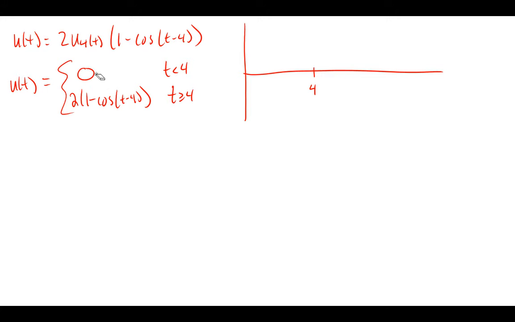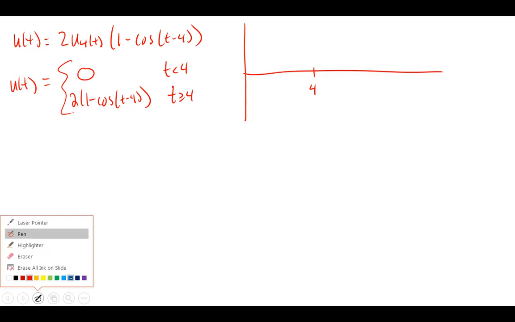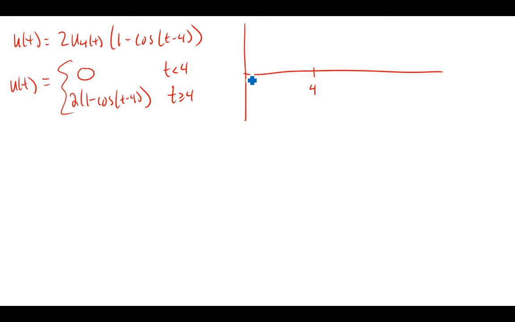So this is 0 up to time 4. Oh okay, so u of t, I'll do it in a different color here. The solution is 0 up to time 4. And then after time 4, it does this. You can punch this into your calculator if you want. It's a cosine graph. And the fact that it's 1 minus basically just means it's an upside down cosine graph for all intents and purposes.